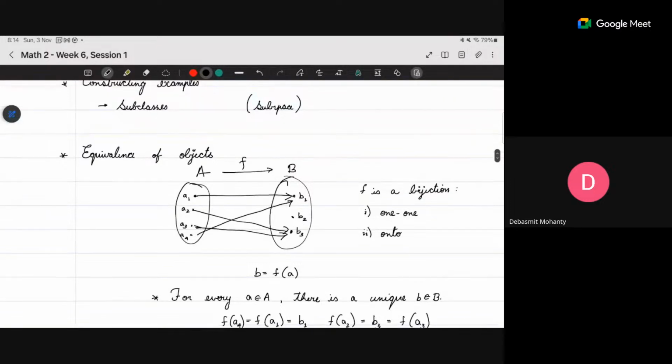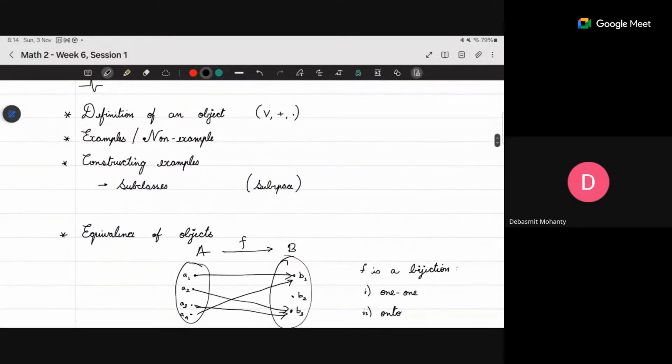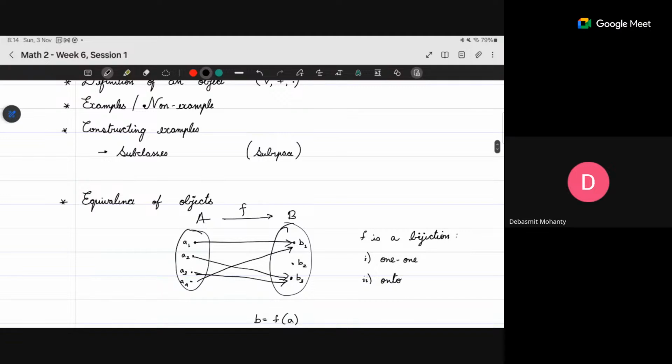But then coming back to the big picture, we call this an equivalence of the object. So just for set theory, we call a bijection an equivalence, because this gives us a way to go back and forth. Whatever I do on A, I can just do it on B. In some sense, the elements in A and B are just different names for the same sort of structure.